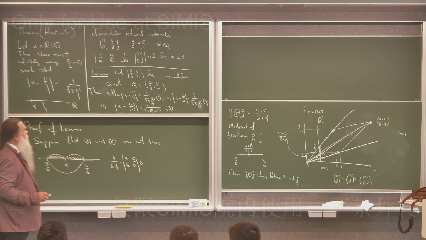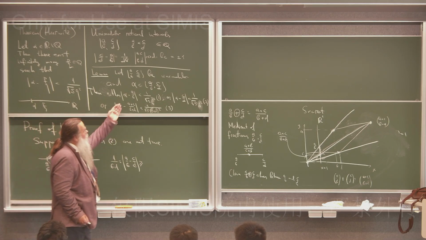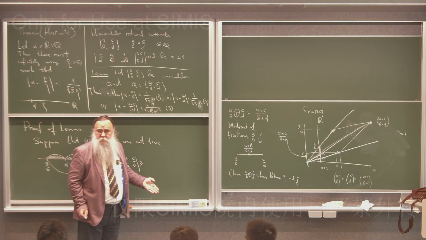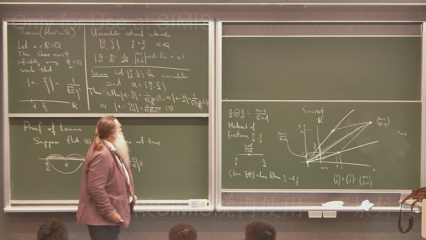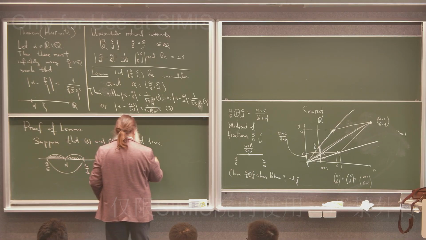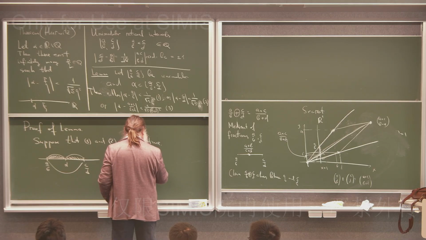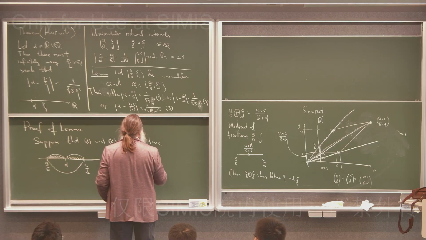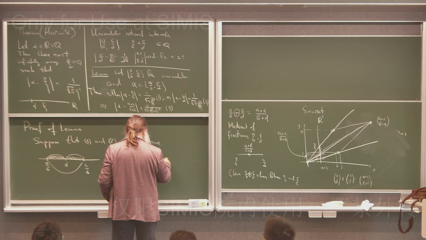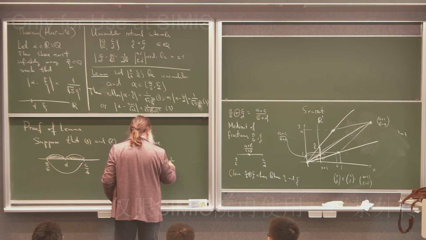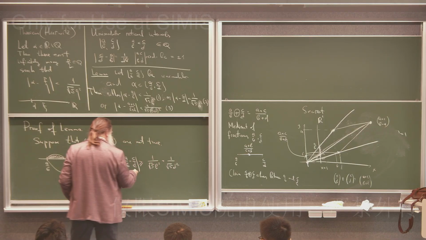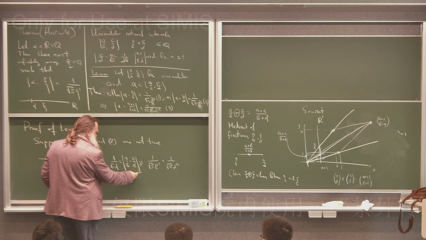We know that neither 1 nor 2 is true, so we have opposite bounds. So here I write 1 over square root of 5 b squared plus 1 over square root of 5 d squared. So we have an inequality. We forgot this intermediate formula.